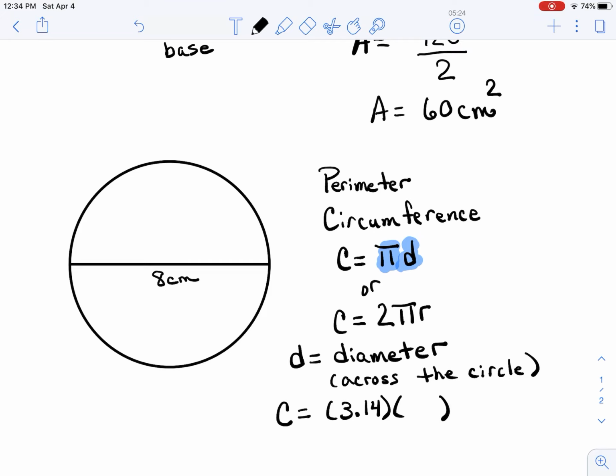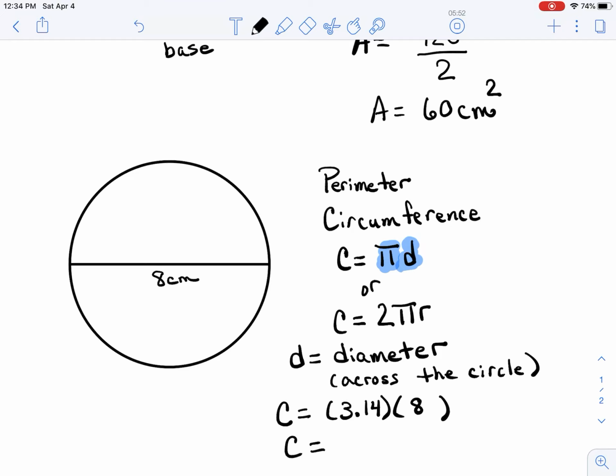We know pi never ends, but in order to show how the formula works, we can just substitute 3.14 in there and just make sure we note that that's not really equal to pi, but it's an approximation of it. And then for diameter, I'm just going to sub in 8. It is better to use the pi button on your calculator, but if you don't have a pi button on your calculator, using 3.14 is fine.